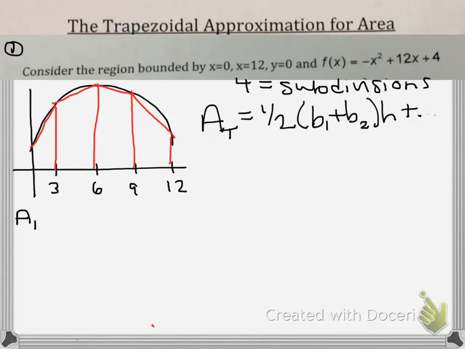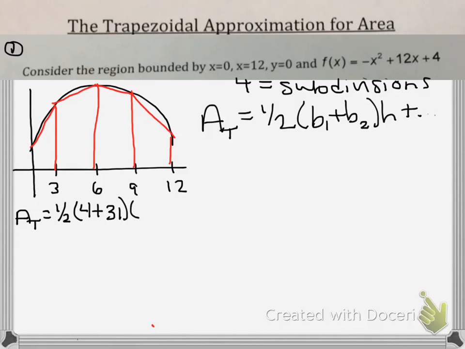Our area for our 4 trapezoids right here is going to be 1/2. Well, what is the length of our bases? Okay. Well, our first base is going to be f of 0, and we plug in 0, we get 4. And then it's going to be f of 3, and when you plug in 3, we get 31.